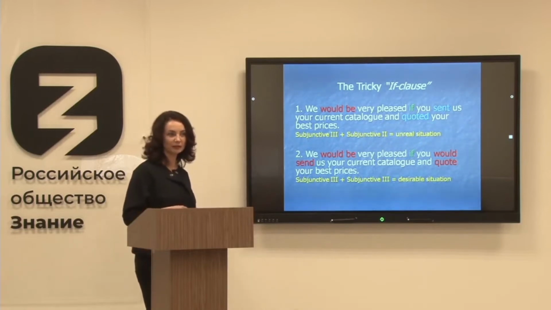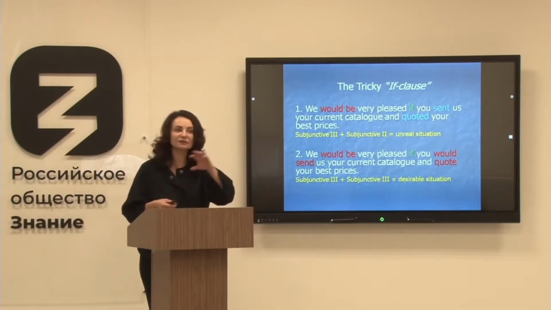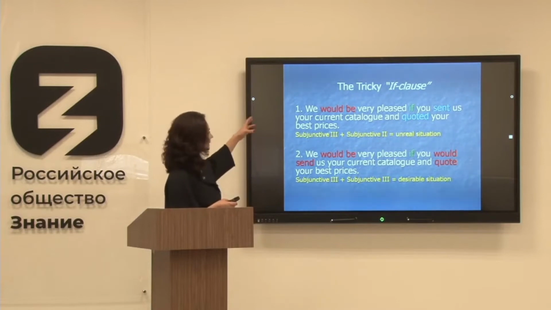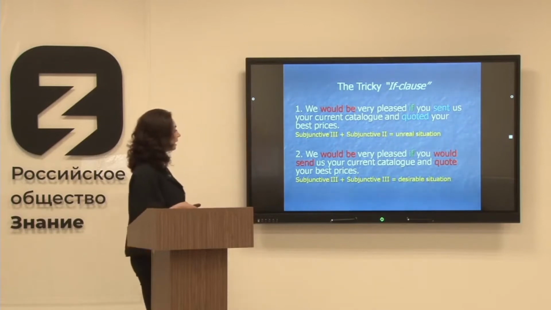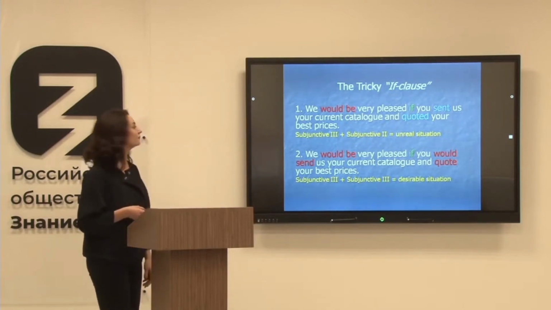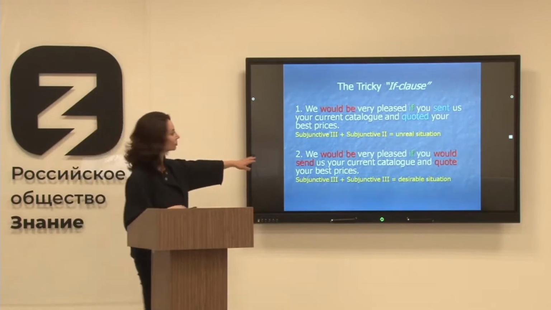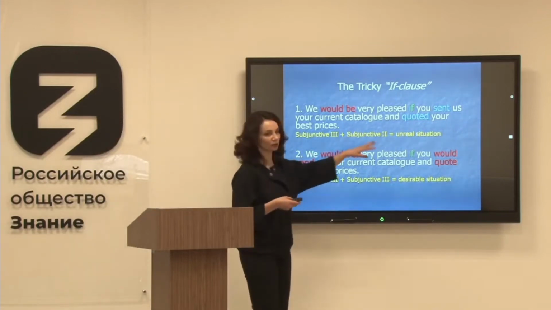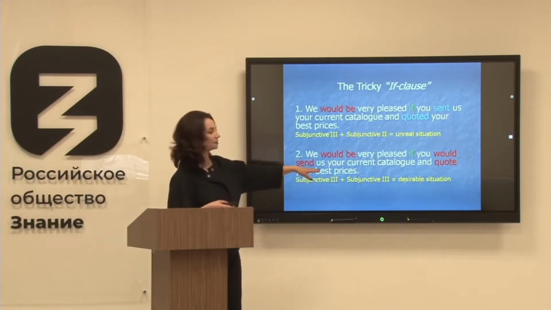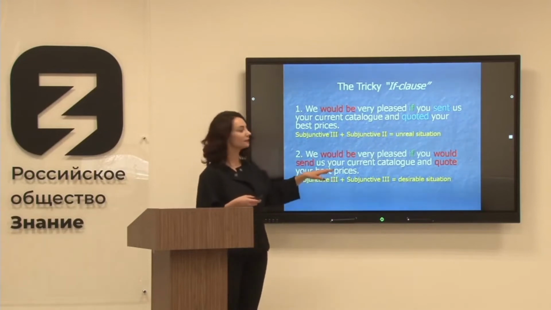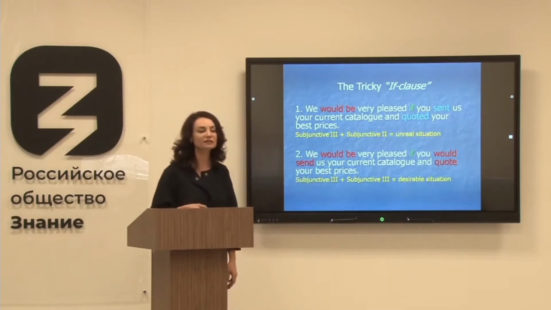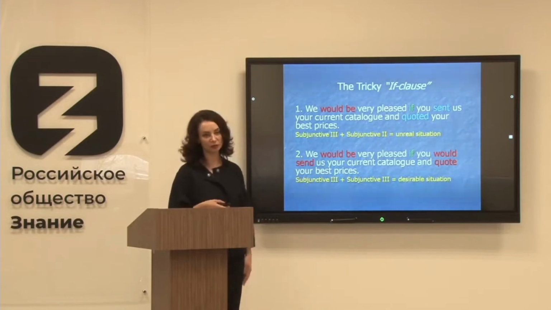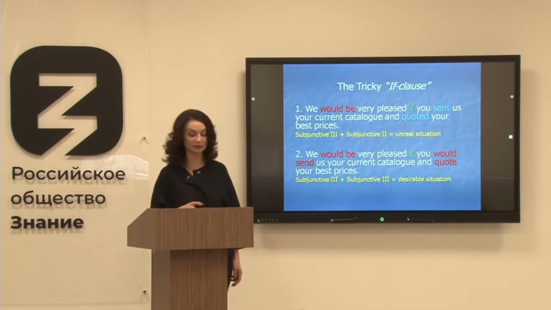You see the point? So the meaning is radically different from the meaning in the first sentence, since the combination of subjunctive 3 in the main clause, by the way, we can exchange them, and subjunctive 3 again in the subordinate clause provides for the meaning of a desirable situation, and that's a completely different situation.